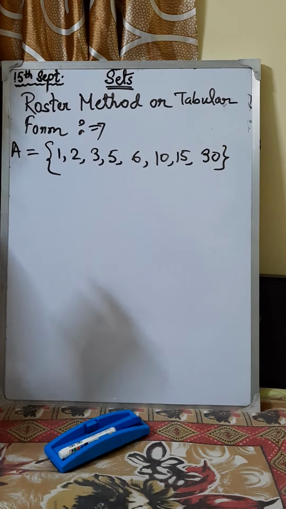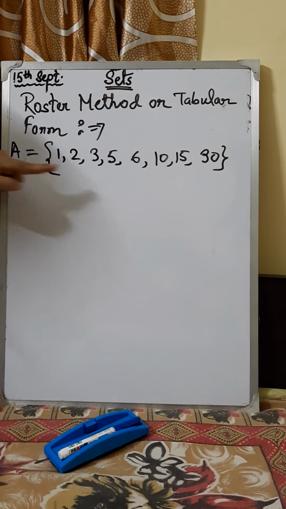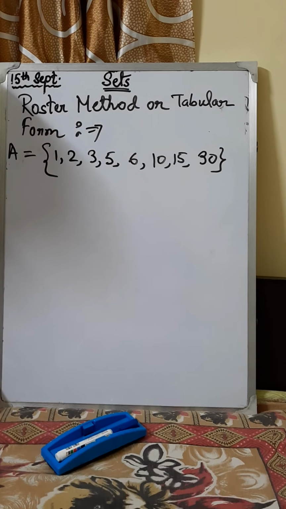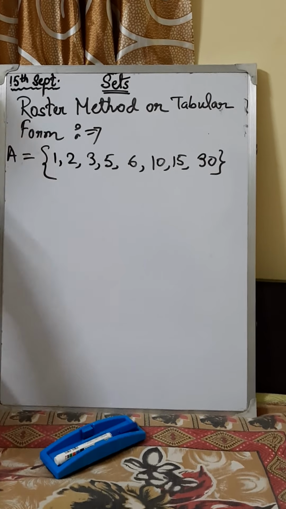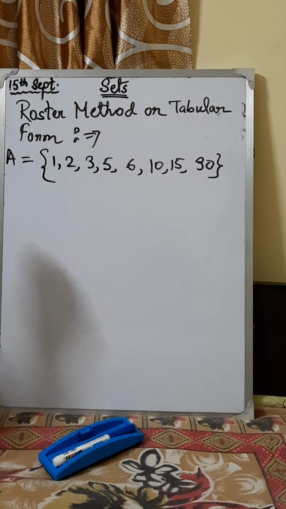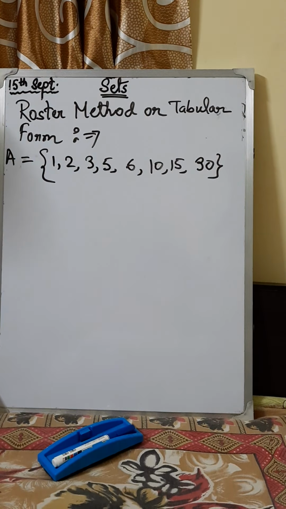You write the numbers in the second bracket. This is called the roster method.